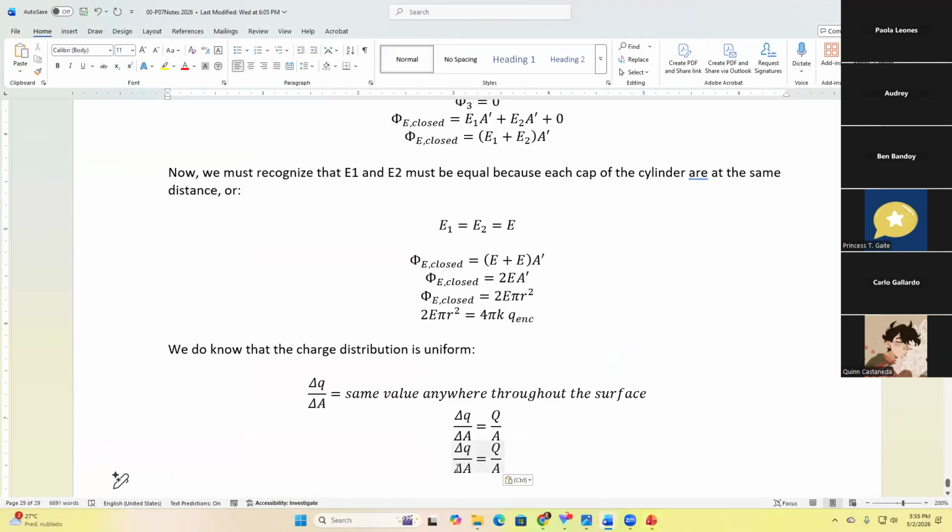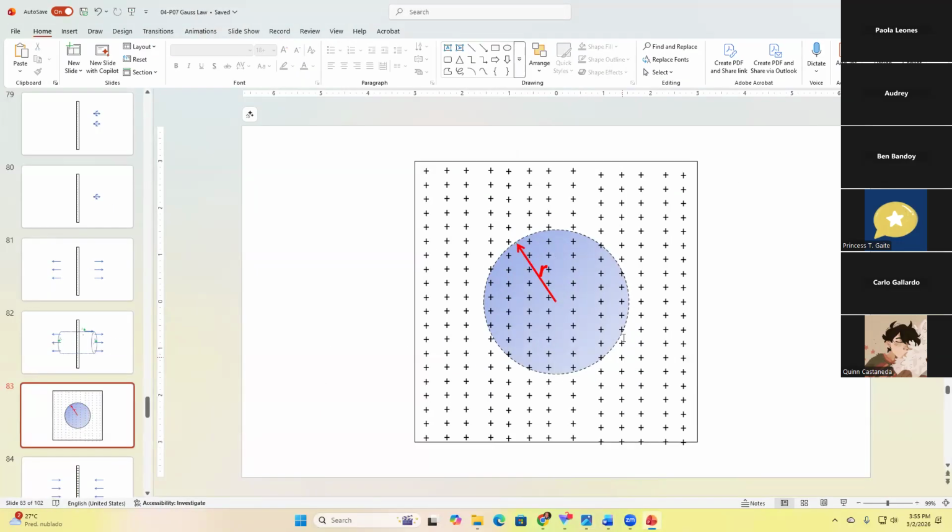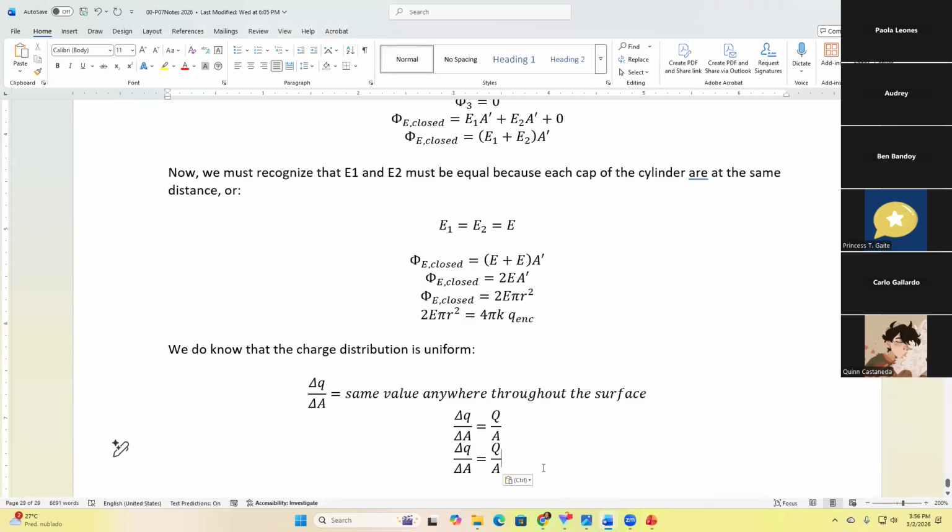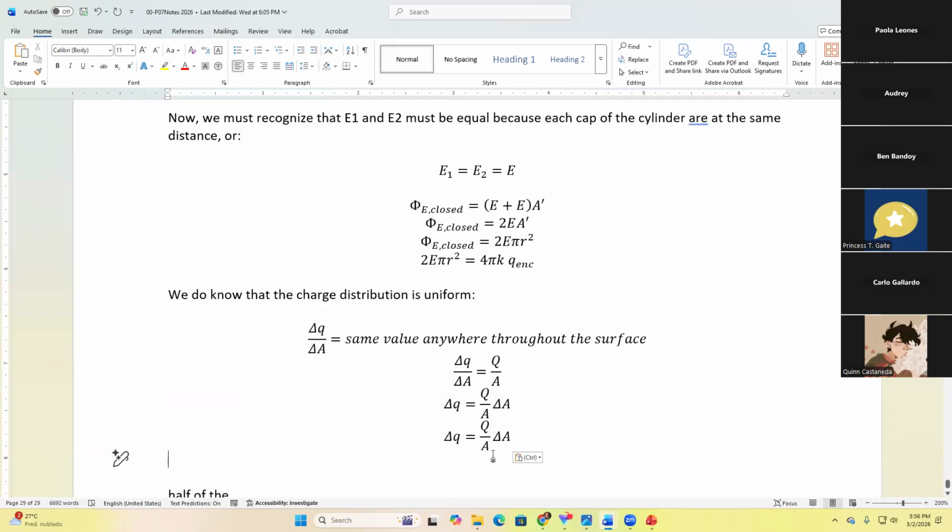Okay, so here you go. Delta A is exactly this area here that we're talking about. It is a fraction of the total area of my plate, okay? So we can write down that the charge enclosed by that Gaussian surface is Q over A times delta A. Delta A should be pi r squared, and I have it right here.